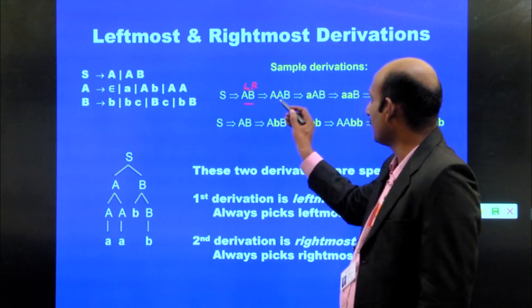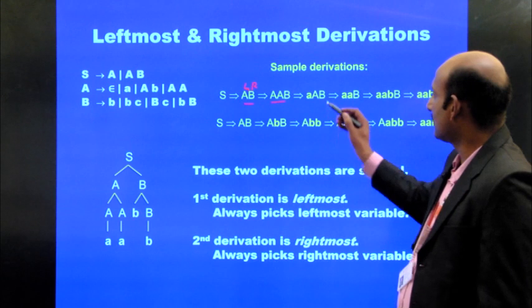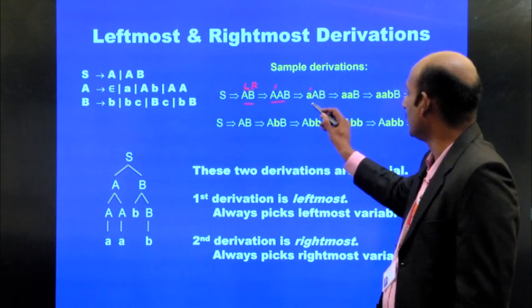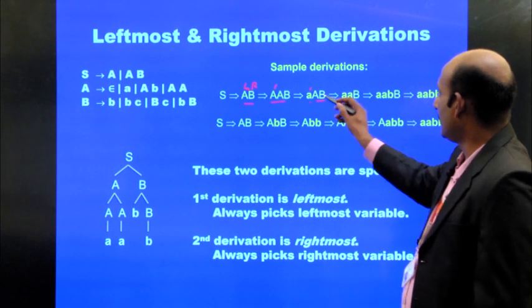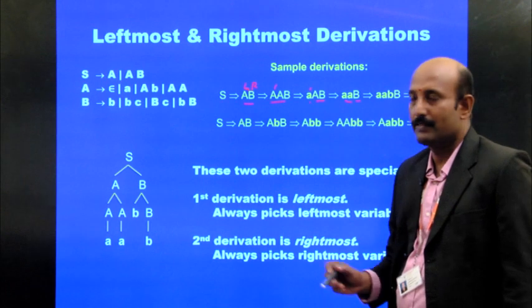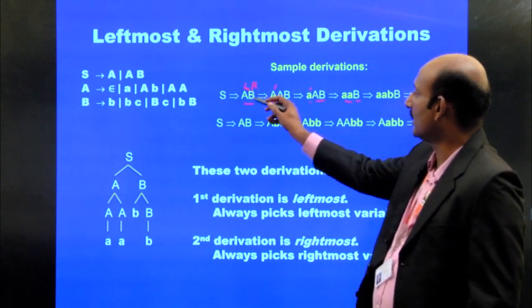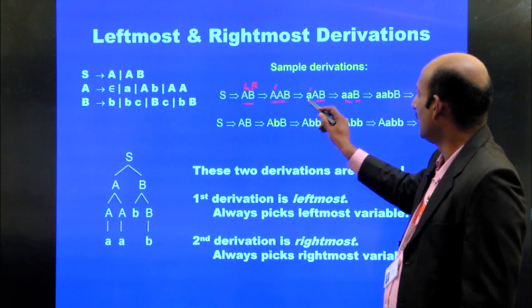First A is replaced, so the remaining B is there. Next the A is replaced, so capital AB is remaining. After that, this A is replaced. So we replace the leftmost non-terminal. Look at that, this is the leftmost non-terminal.